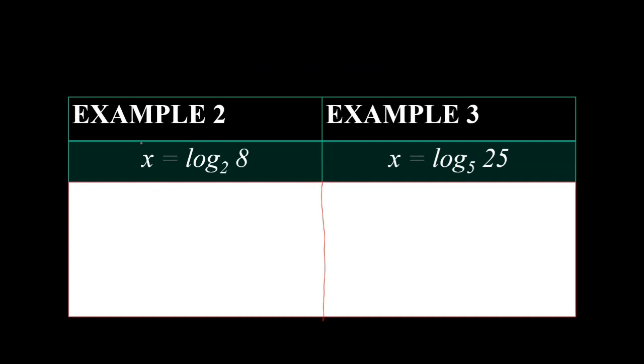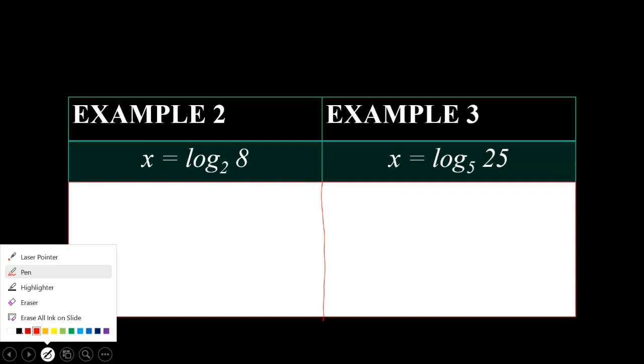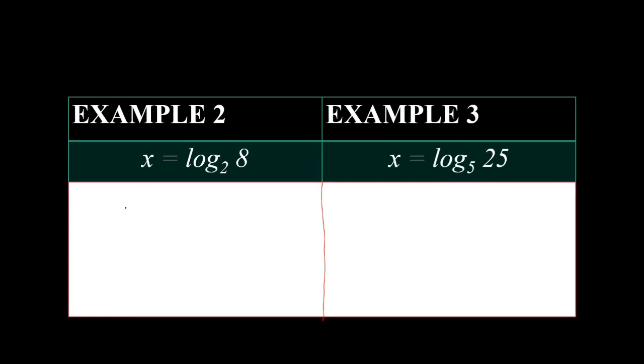To answer the value of x, transform it first into exponential form. When we transform it into exponential form, we have the base 2 raised to x is equal to 8.